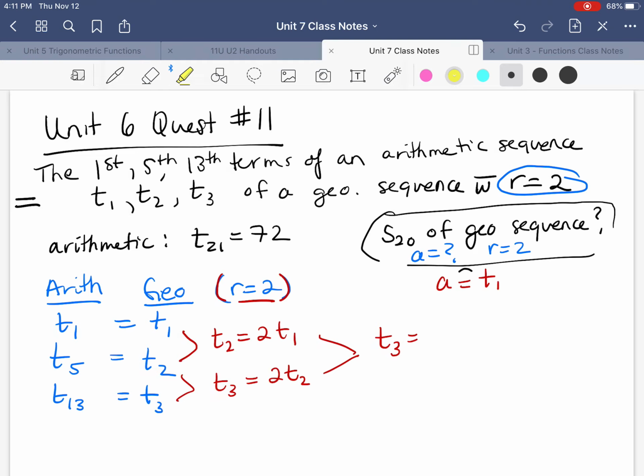We take 2 times T1, because that's equivalent to T2, and put it into the equation T3 is equal to 2 times T2. That gives us T3 is equal to 2 times 2 times T1, and therefore T3 is equal to 4 times T1.